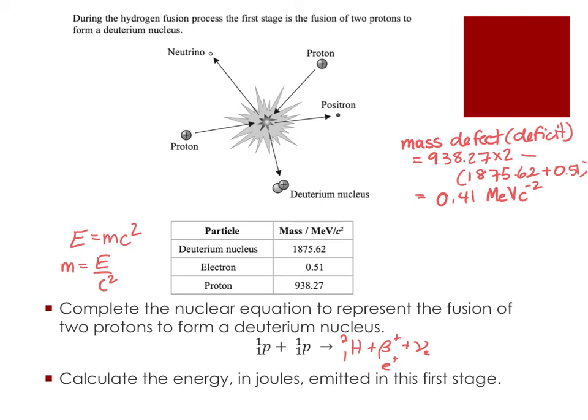So if I want to turn that mass into an energy using our equation energy equals mc squared, then really all I'm doing is getting rid of this c to the minus 2, so that my energy is going to be 0.41 mega electron volts. Now, notice the question says I have to answer this in joules.